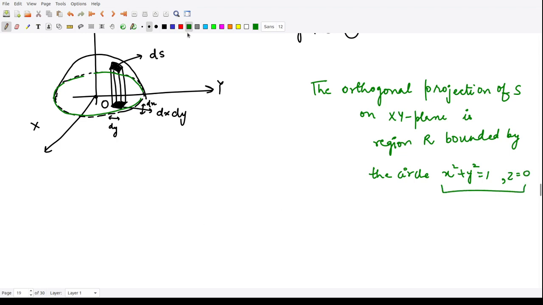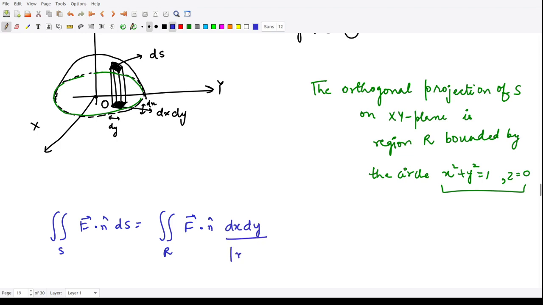So we can write the surface integral of F vector dot n vector dS as the double integration over this projected region R of F vector dot n vector dx dy divided by n cap dot, now here z is missing, so accordingly we will write k vector here.